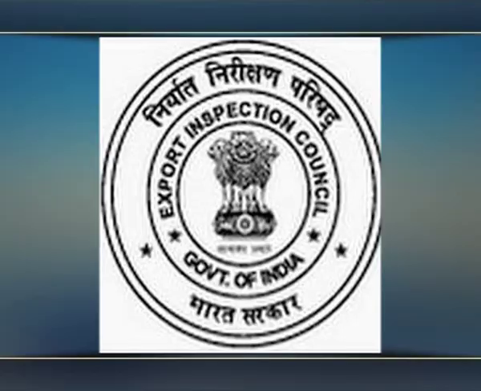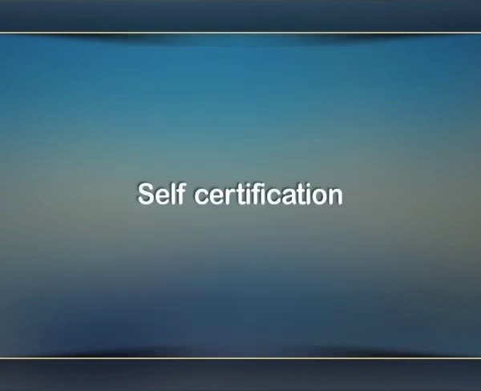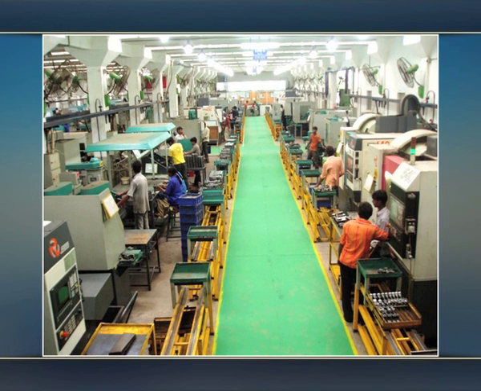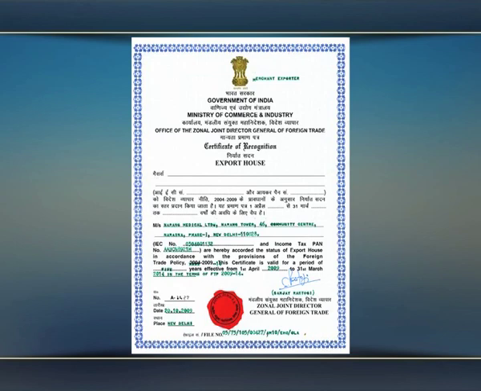Export Inspection Council has recognized 3 systems of pre-shipment inspection. Self-certification: under this system, the manufacturing unit certifies its own products and issues a certificate for export. The recognized manufacturing units pay a nominal fee.